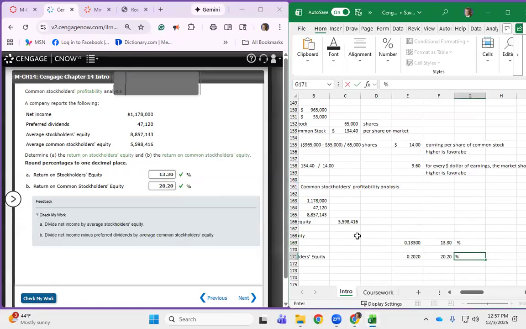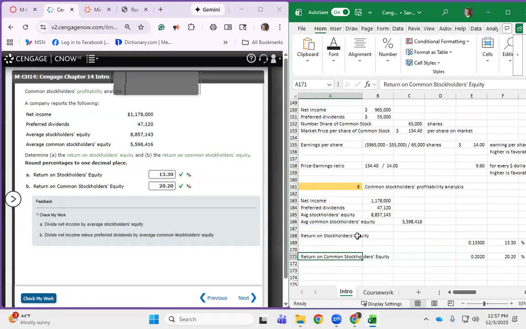Now I'm going to put how I got these numbers here. The first one is net income of 1,178,000 divided by the average stockholders' equity, 8,857,143.